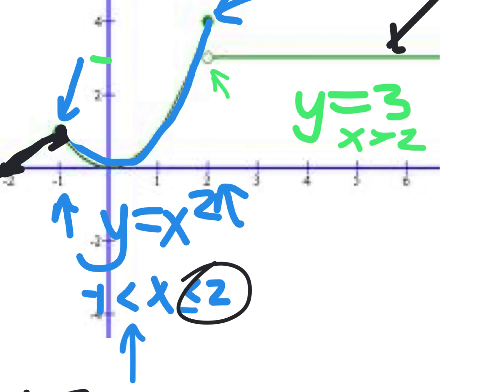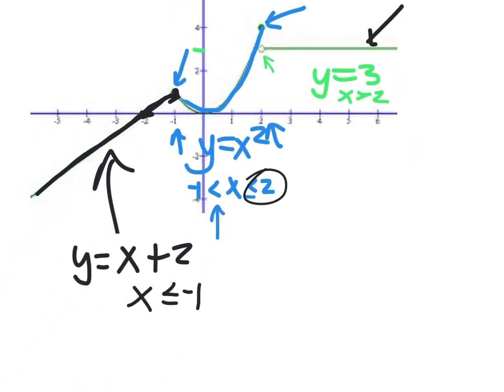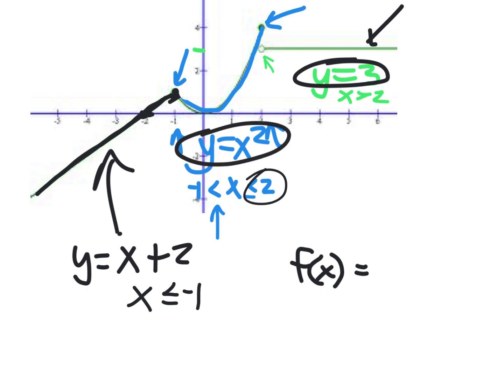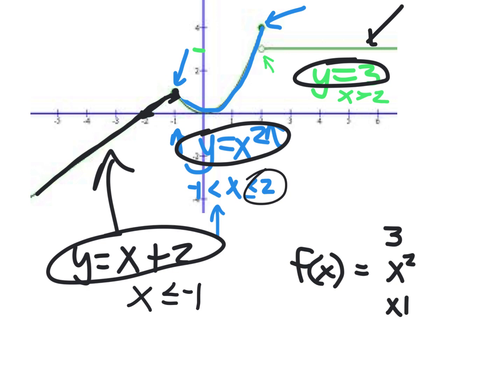Okay, so now that got kind of messy, and so the person who invented these things decided let's put it all into one function. So they write this, f of x, you don't have to copy this, you can just watch. It is three things. It's this, and it's this, and it's this. So you write those three things. It's 3, and it's x squared, and it's x plus 2.